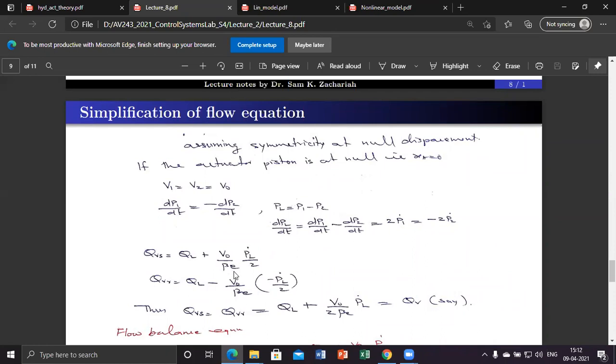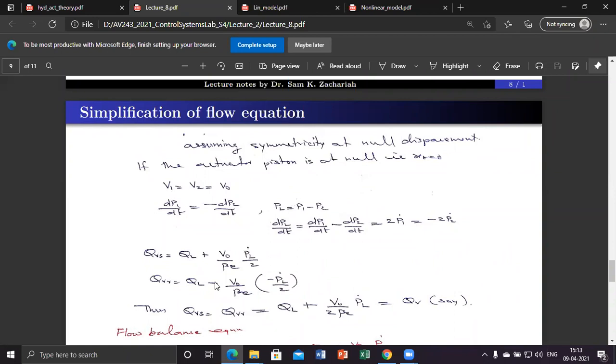One thing I forgot to tell you, beta E is the effective bulk modulus, where beta is the bulk modulus of the fluid. The effectiveness comes because of one term. We are assuming so far that the chamber walls of the sleeve, the actuator chamber walls, are infinitely stiff. That is not correct. Under large pressure changes, definitely there will be expansion and contraction of the actuator chamber also, because it's made of steel with finite stiffness.